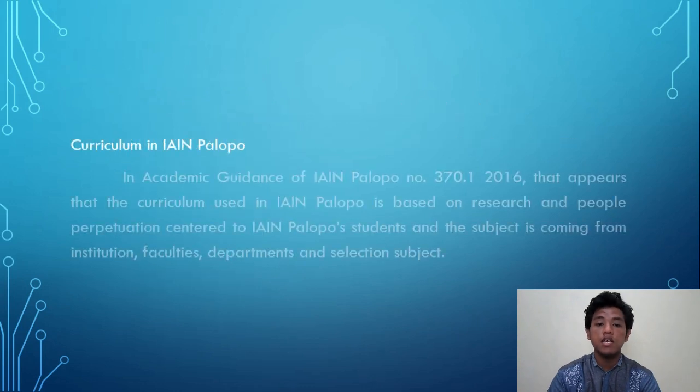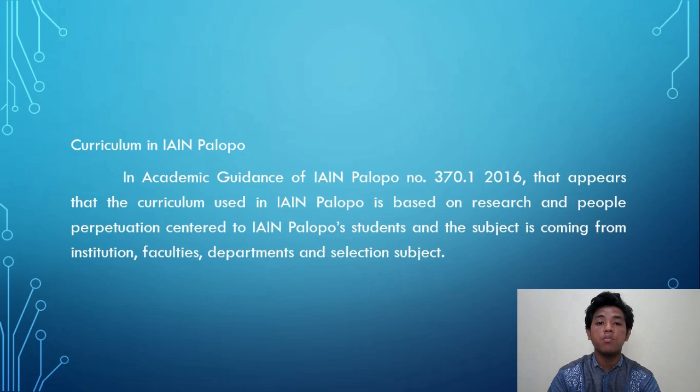In the academic guidance of IAIN Palopo number 370.1 2016, it appears that the curriculum used in IAIN Palopo is based on research and people perpetuation centered on IAIN Palopo students, and the subjects come from institution, faculties, departments, and selection subjects.